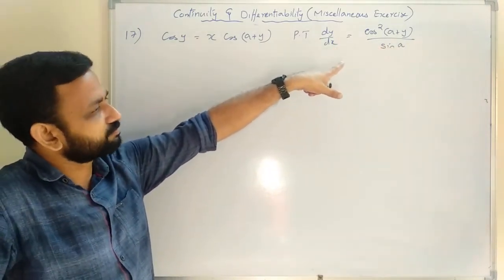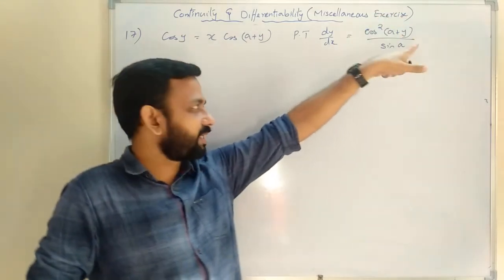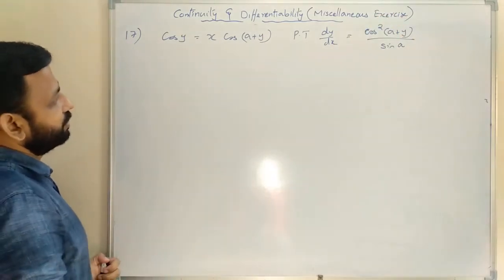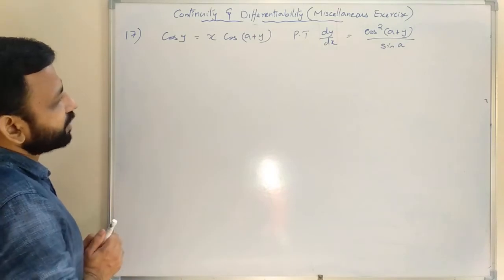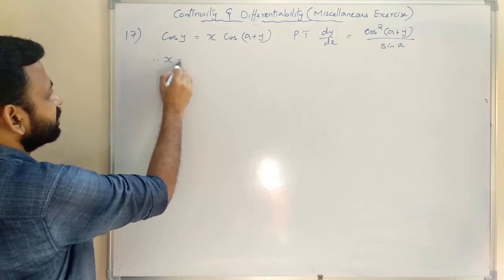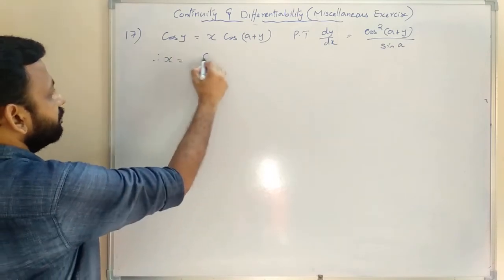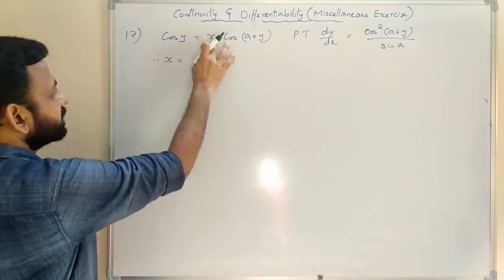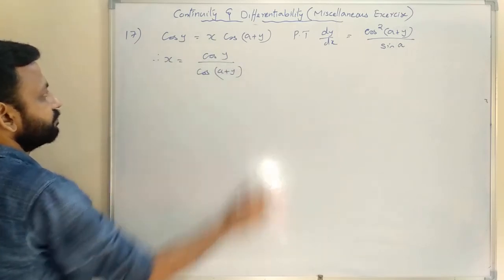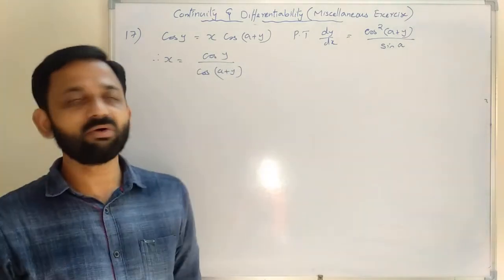So then we can eliminate, but I think that may be lengthy. So we can do it in another way. We will find x from here. Therefore, x is equal to cos y divided by cos a plus y.